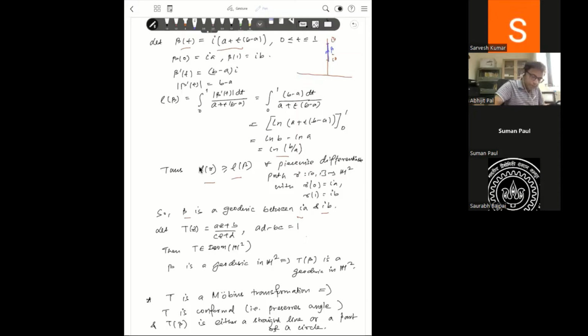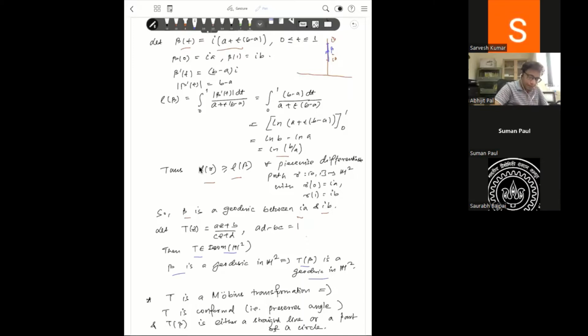So now you take an isometry. Let us take T to be an isometry of this upper half plane, and this isometry takes geodesics to geodesics. So suppose beta is a geodesic, then T of beta will also be a geodesic.